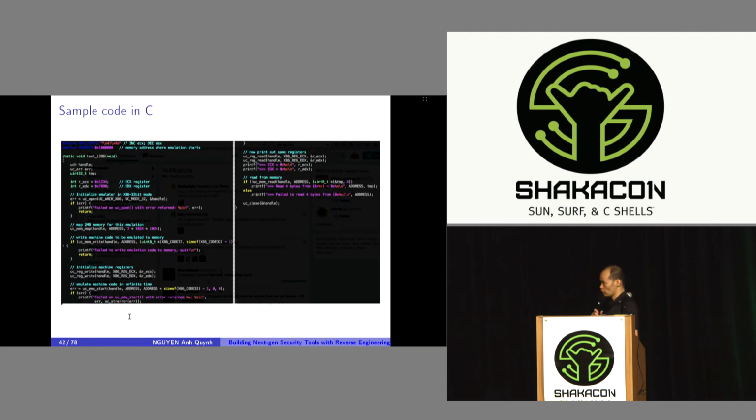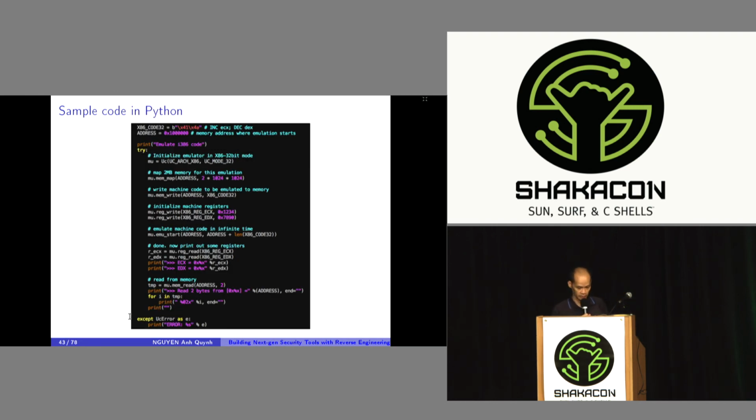So writing tools for Unicorn is also very simple and easy. Here's one simple piece of code in Python. First, we need to specify which code you want to emulate, which is 2 bytes here. Then you specify where you put that code to emulate in memory. Then you initialize the emulator.